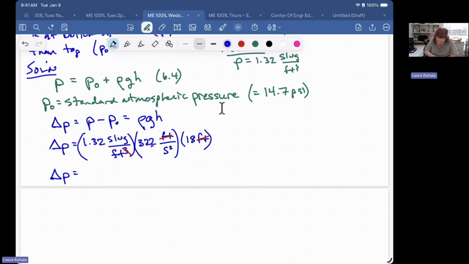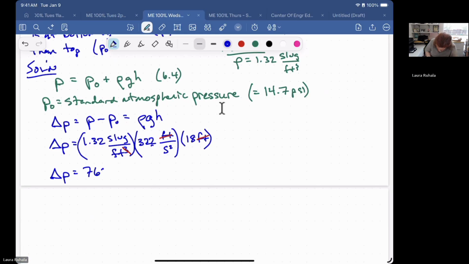Let me actually verify that. So 1.32 times 32.2 times 18. Yep, 765.1. And the units will be slug in the numerator per foot second squared.